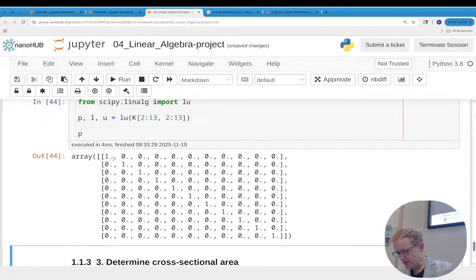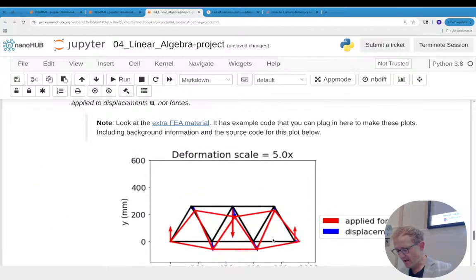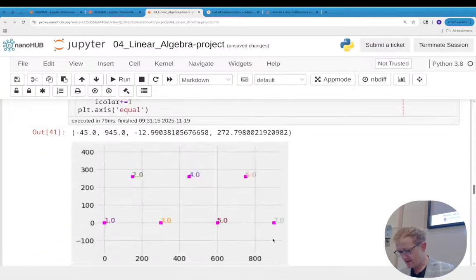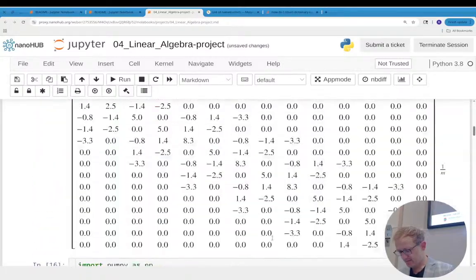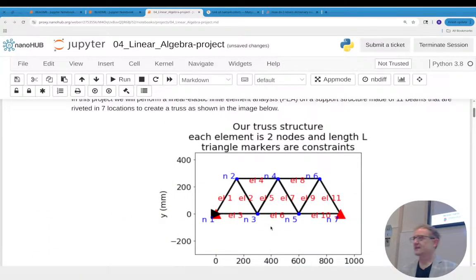In this case, if it's all ones along the diagonal, then everything's in a good order anyway. And the way I built this FEA problem, I organized the nodes in a way that I could have numbered in any order, but I made it easier so we would have less trouble solving it.